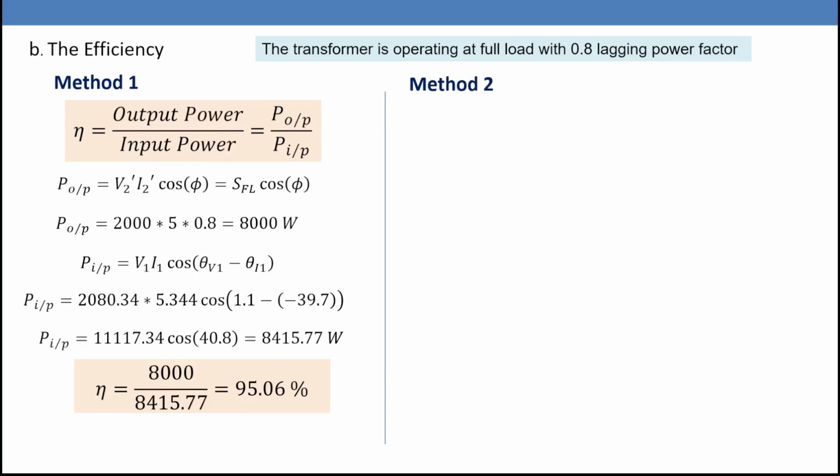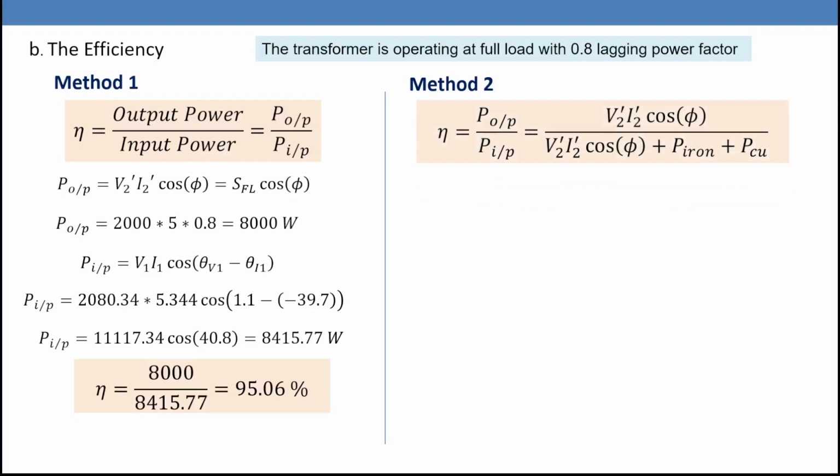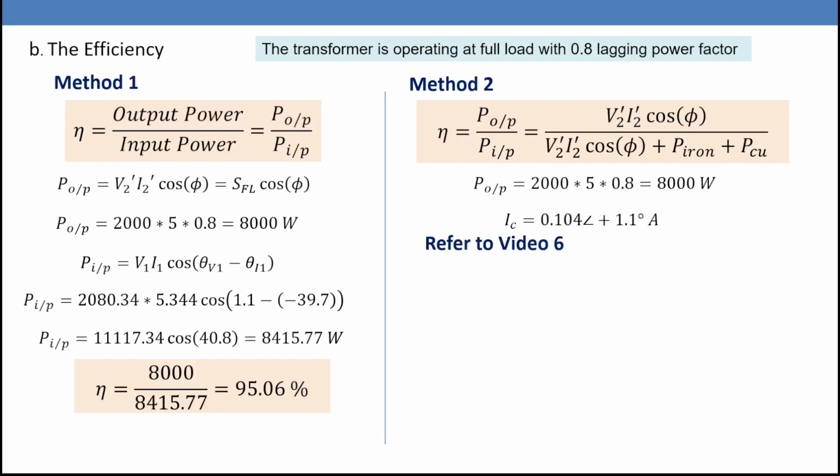Method number 2. We are going to use the equation power output over power input equals V2 dash I2 dash cosine phi over V2 dash I2 dash cosine phi plus P iron plus P copper. So we calculated output power, but we need to calculate iron loss and copper loss. Regarding the iron loss, we need to calculate the core current, I core. We calculated that one in video number 6, it equals 0.104 ampere.